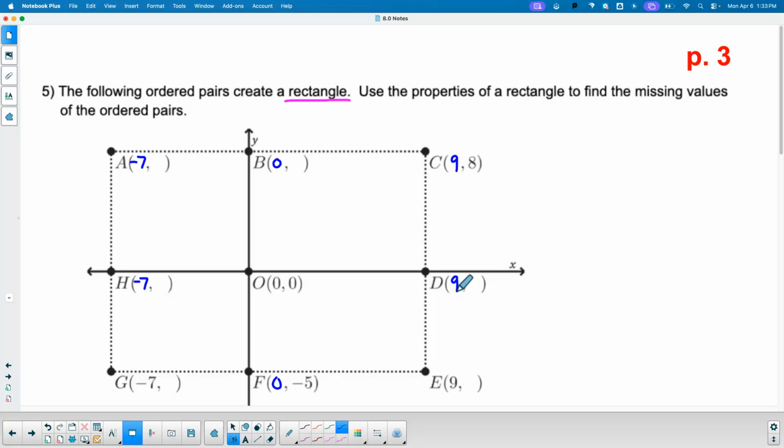Okay. What can you tell me about the y values for A, B, and C? They're all 8. What can you tell me about the y values for H, O, and D?